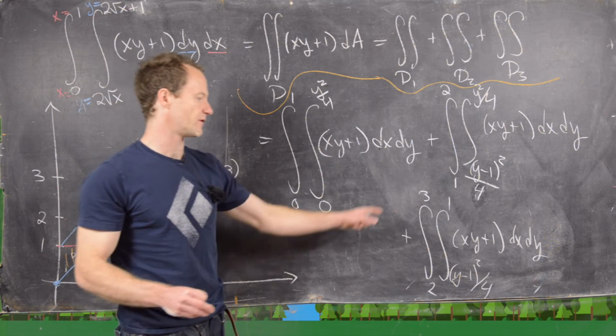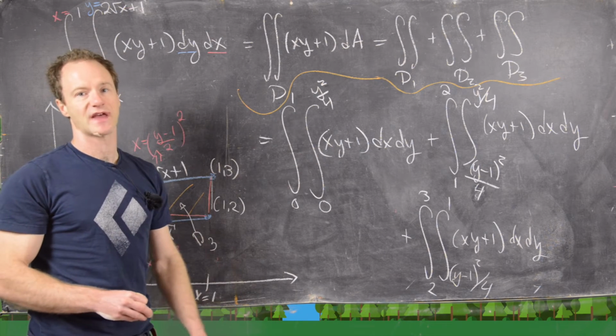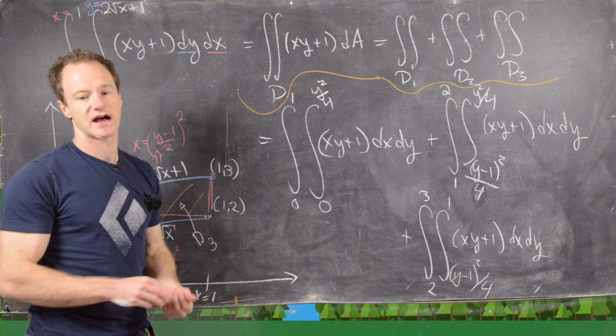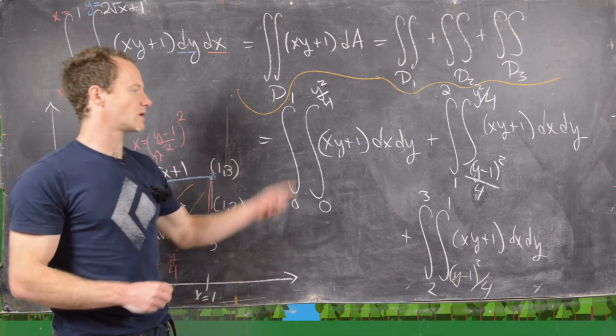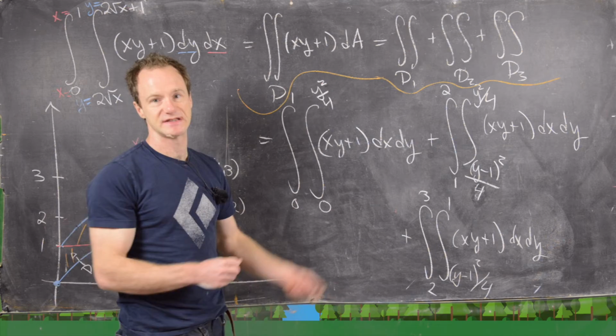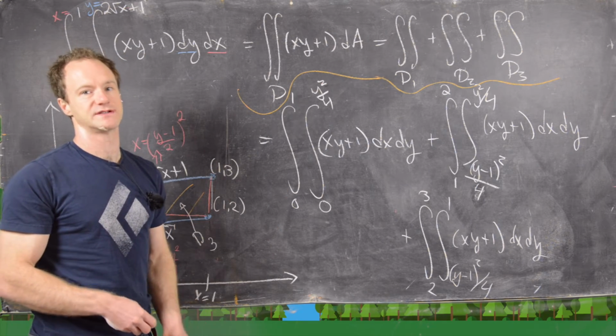And then we changed the order of integration on each of those 3 regions to write them as integrals where the x part is on the inside and the y part is on the outside. Okay, great. I won't calculate those integrals. It's actually pretty simple at this point. But what I will do is clean up the board and we'll do one more example.